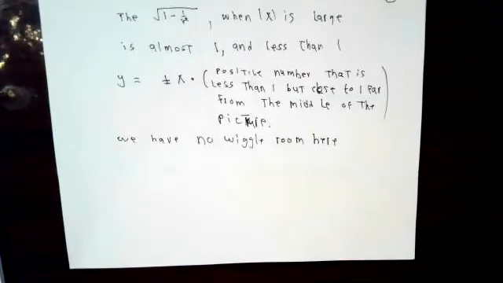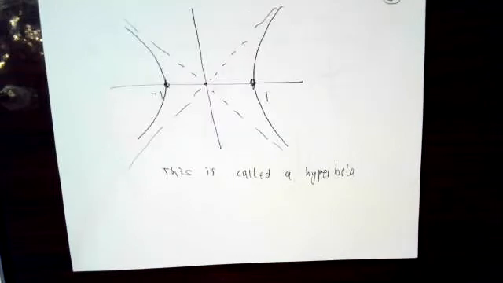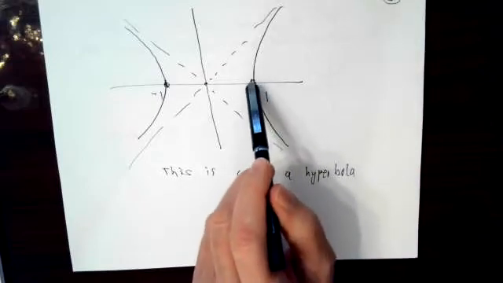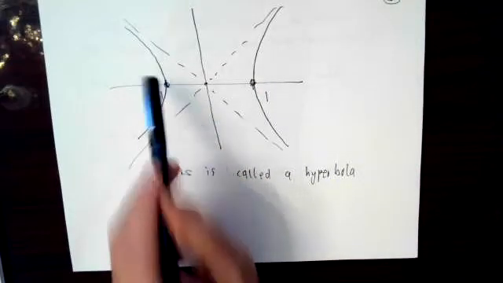Going back to our formula, that factor square root of 1 minus 1 over x squared, if x is really large, that quantity is approximately equal to 1, and it'll be less than 1 in magnitude. So I have a point, I have another point.